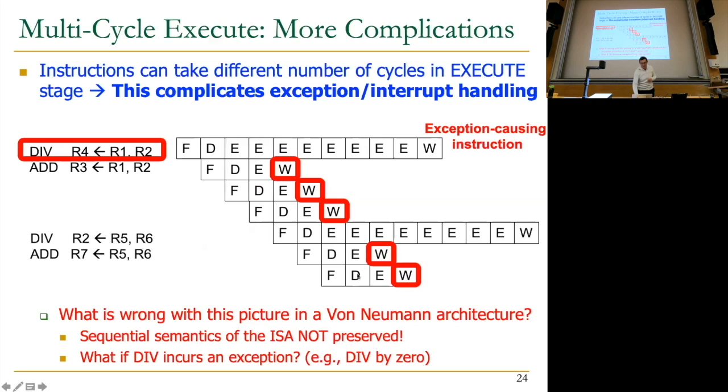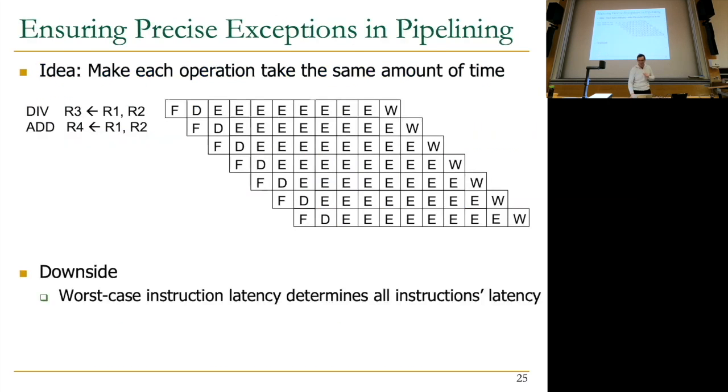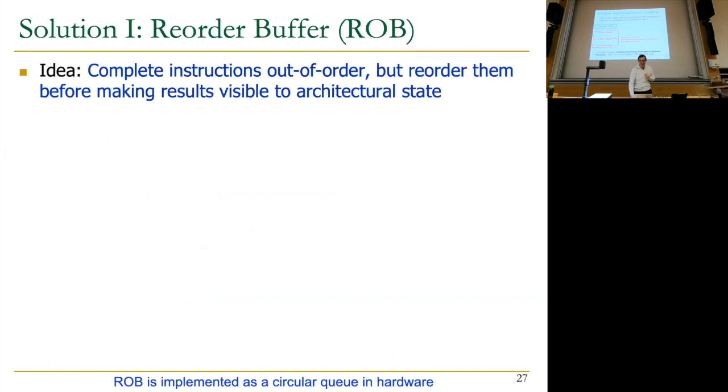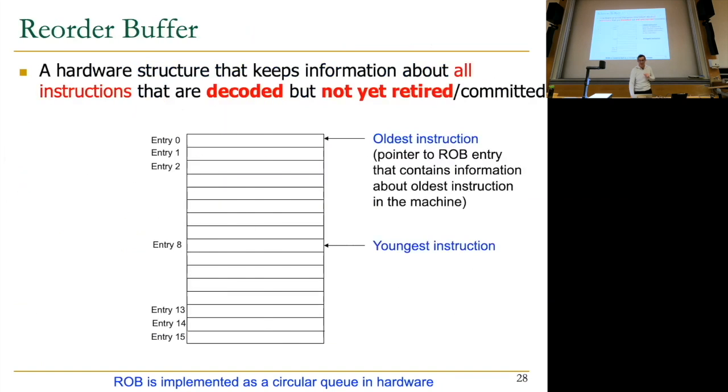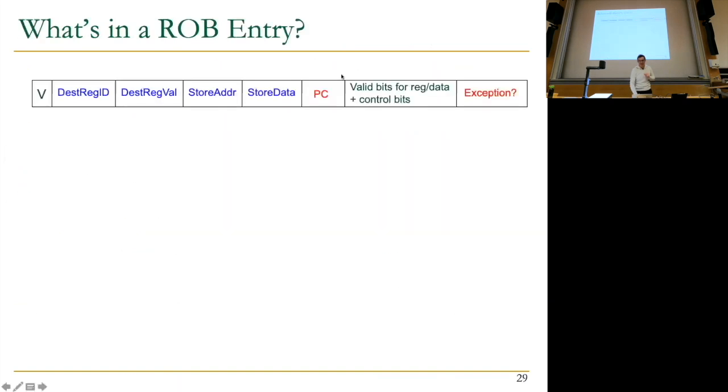For example, this instruction may finish much earlier than other instructions. You need to record whether it caused an exception, and then you handle that exception when that instruction becomes the oldest instruction in the machine, if it ever becomes the oldest instruction. So that's why you need to keep all of this bookkeeping about what happened to the instruction while it's executing in the pipeline.